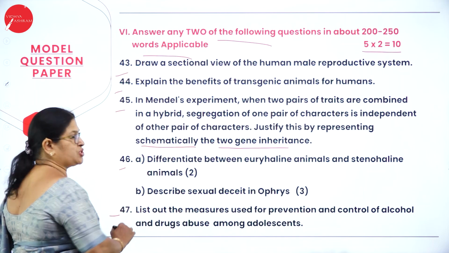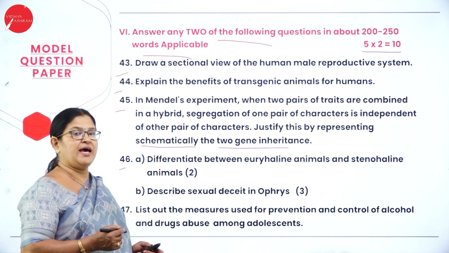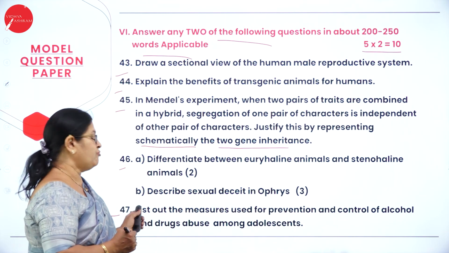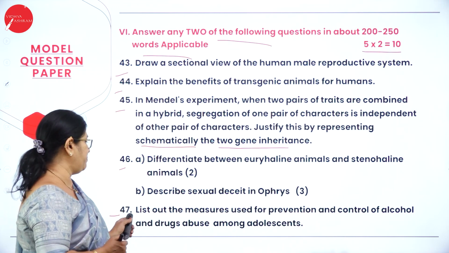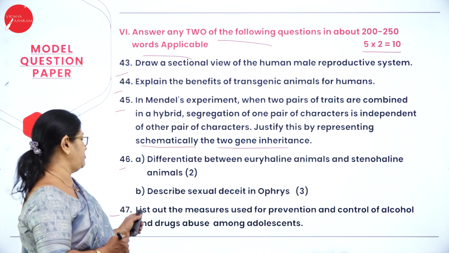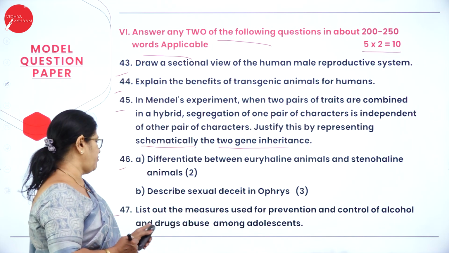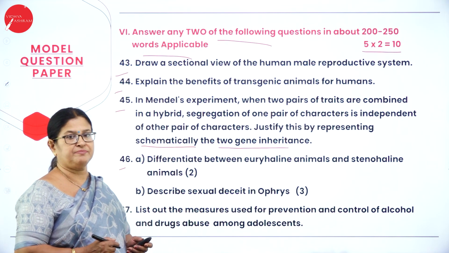Moving on to the last question, as I said, your changed model question paper has 47 questions. Before it was 37, now we have 47 questions. So what is the last question of your question paper? That is the 47th question: list out the measures used for prevention and control of alcohol and drug abuse among adolescents.